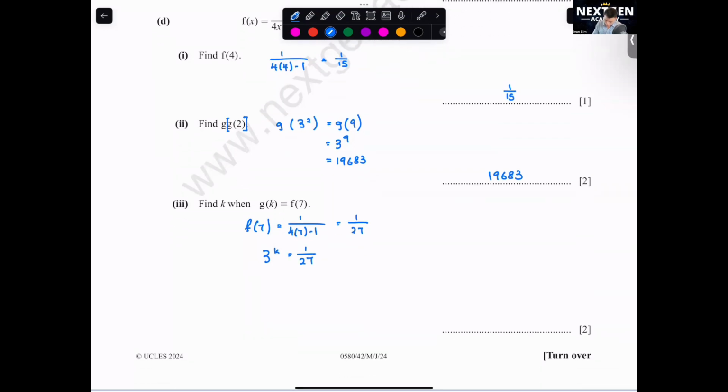We need to change the 27 to 3 to the power of something. This will be 1 over 3 to the power of 3, which will be 3 to the power of negative 3. You compare both the powers, k is equal to negative 3.